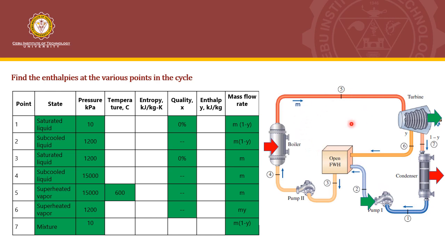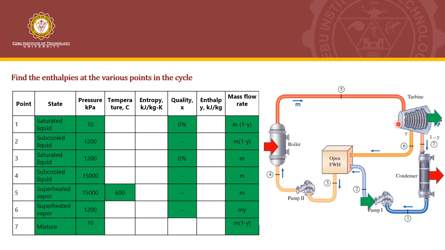As you can see here, we actually have two loops. These loops here represent the pump 2, boiler, and this part here of the turbine, and also another loop here for the condenser and the pump 1. So we need to determine the mass flow rate flowing through each of the components.